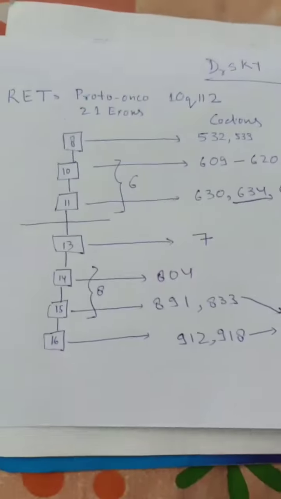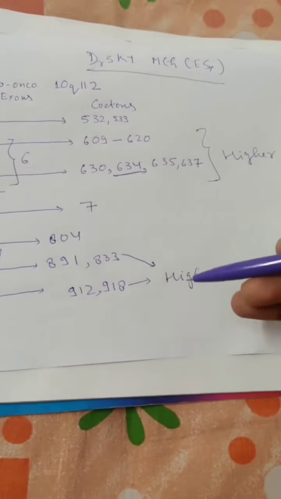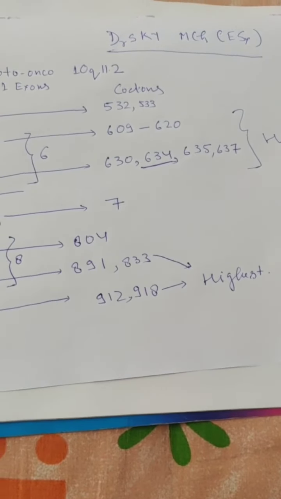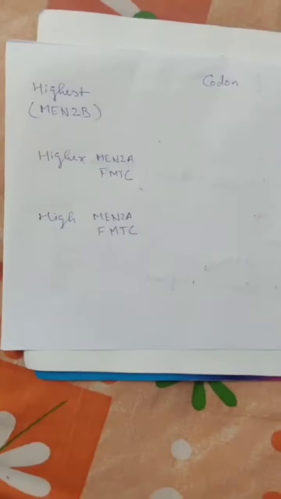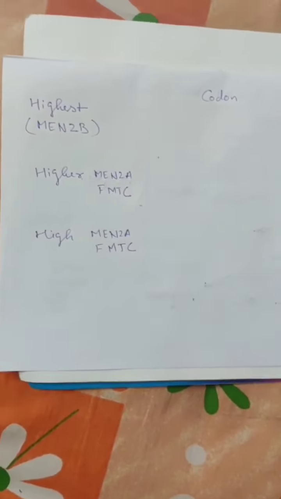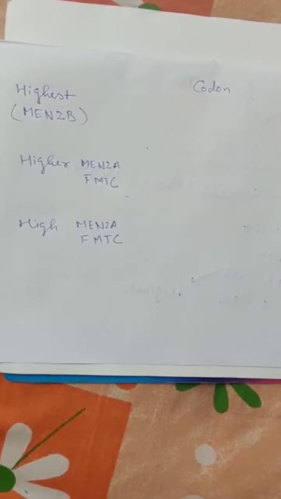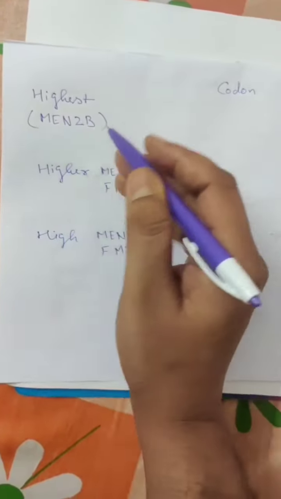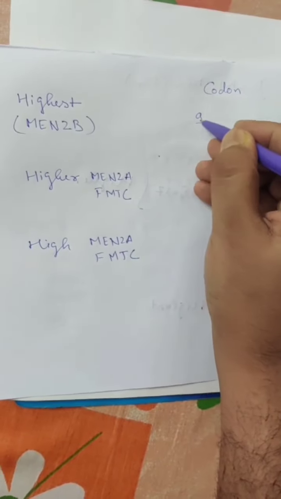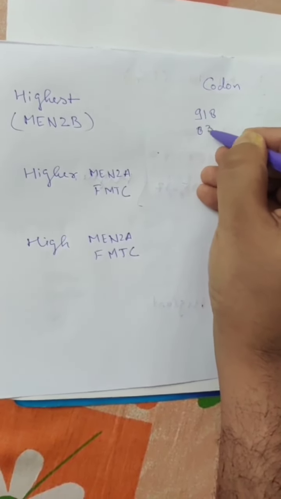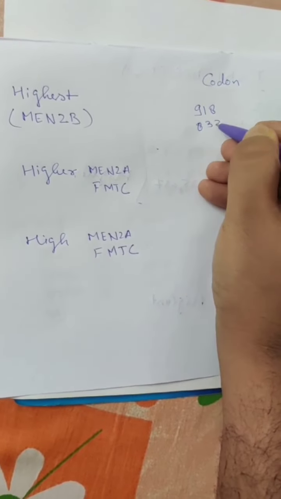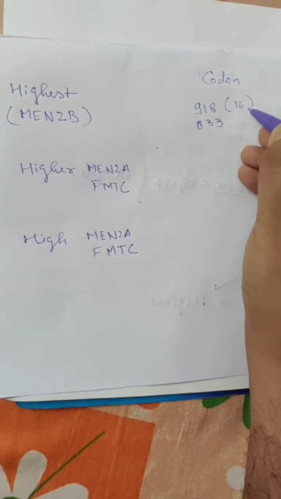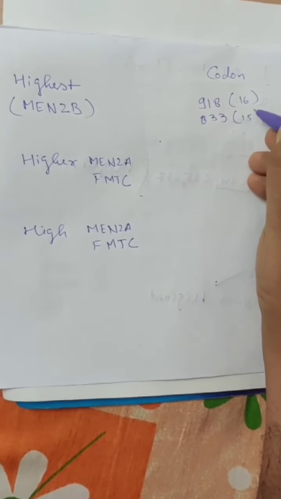So what are those groups? As I said earlier, highest, higher and high groups. The advantage of knowing these mutations is that we categorize them into these groups. Highest, as I said, includes codons 918 and 883, which are located on exon number 16 and 15.